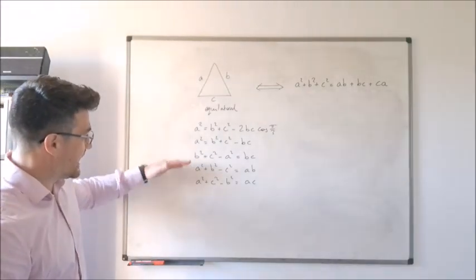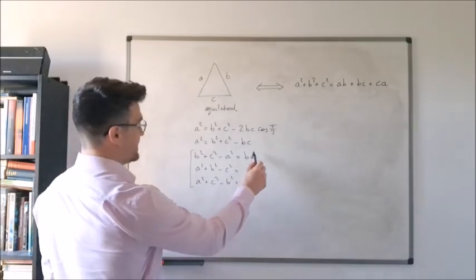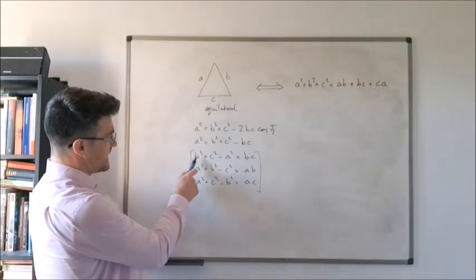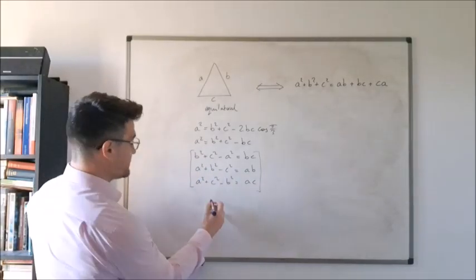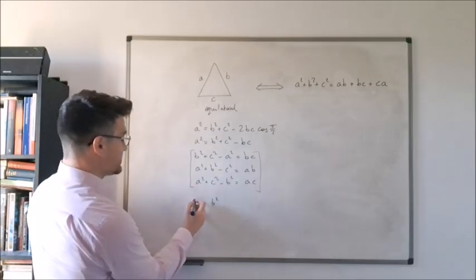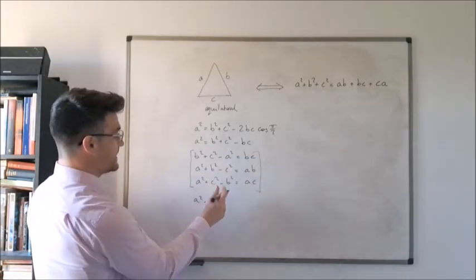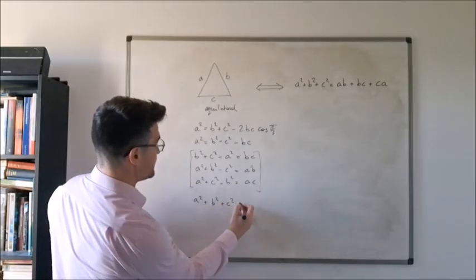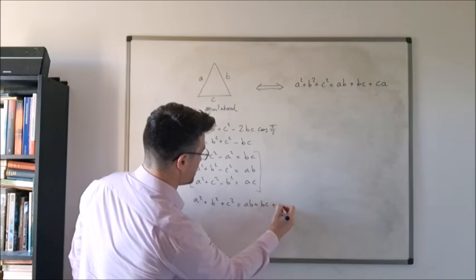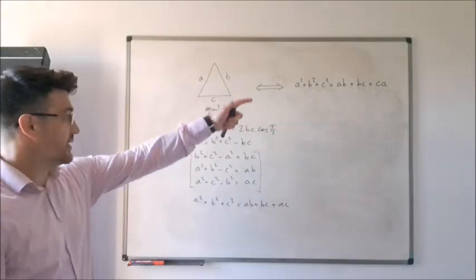Then if I add the left-hand sides of these three equations together and the right-hand sides together, I get b squared plus b squared minus b squared, which is just b squared, minus a squared plus a squared plus a squared, which is a squared, and c squared minus c squared plus c squared is c squared. So a squared plus b squared plus c squared equals ab plus bc plus ac, which is exactly what I needed.